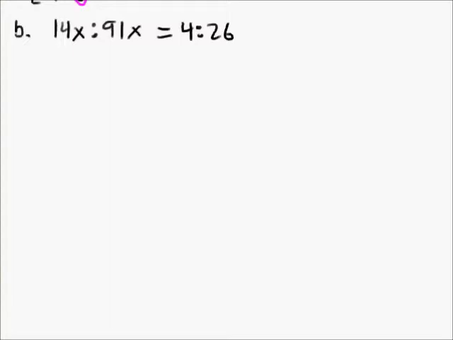I'm going to take a look at the left hand side here. This first number is 14x. I need to transform that into 4, so we'll set it equal to 4. If I take 4 and divide it by 14x, then multiply that by 14x, I'm going to get 4.